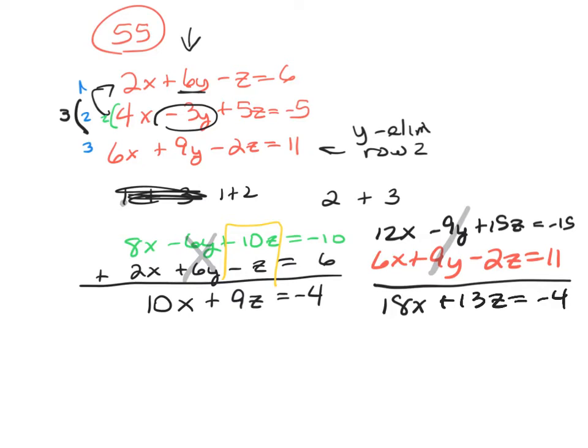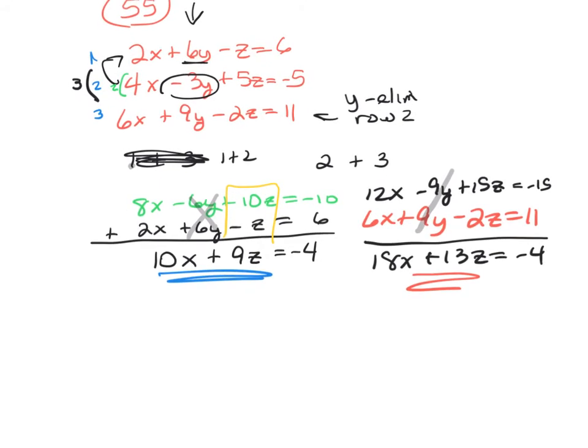All right, so now I need to decide between these two equations which variable I want to eliminate. I think I'm going to try to eliminate x. So I need to make 10 and 18, actually let's do z. I'm going to eliminate z. So I'm going to multiply this first equation by -13, and then this one by 9.